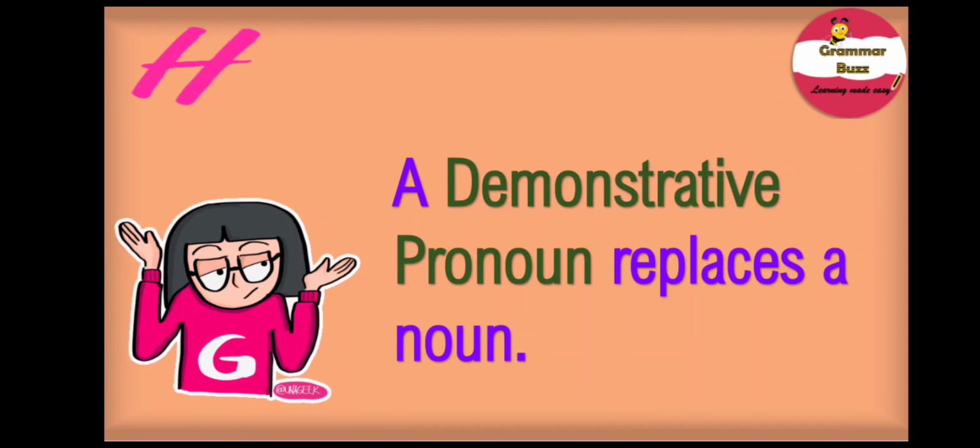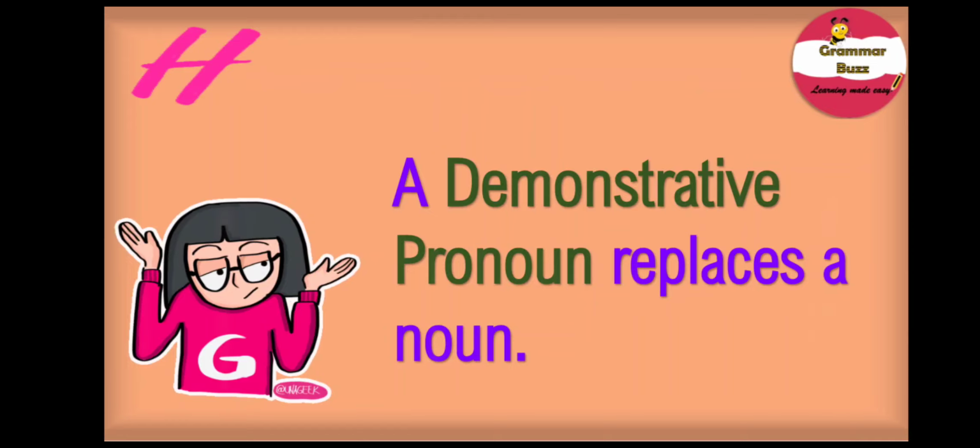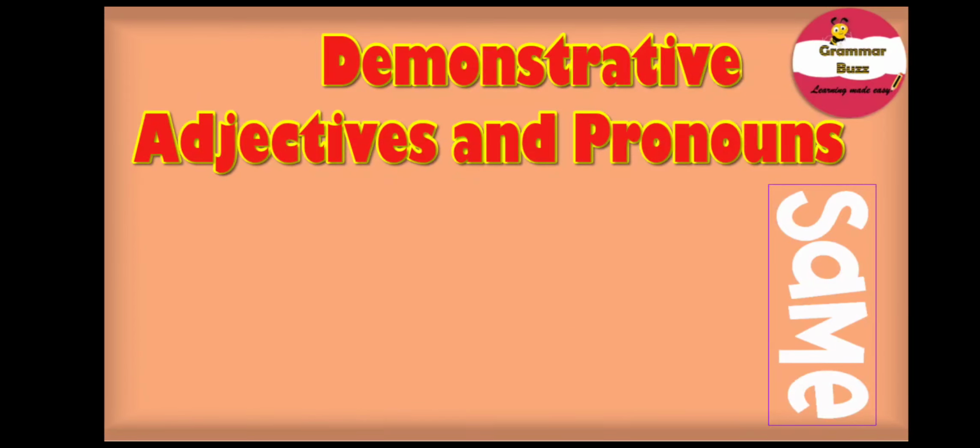Now, let us find out about some demonstrative pronouns and adjectives. Demonstrative pronouns and adjectives both have the same terms. So what are the same terms? How come demonstrative adjectives and pronouns have the same terms? Yes, believe me, they have the same terms.